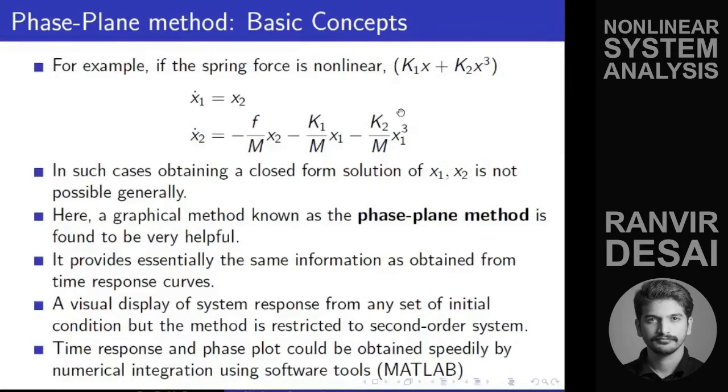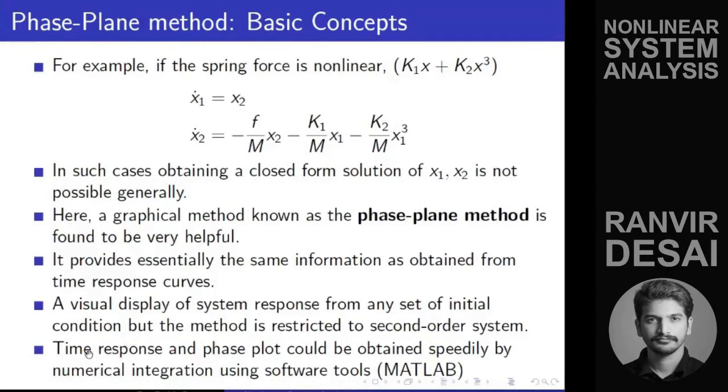Of course, you can draw a 3D plot using MATLAB. And a fourth order system would be 4D, but you don't know how to represent a 4D plot visually. So the basic thing is that this phase plane method is limited to a second order system.